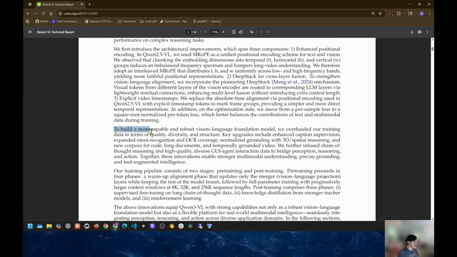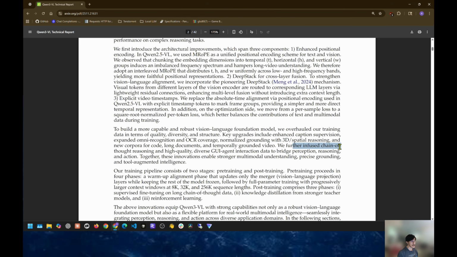To build a more capable and robust vision language foundation model, we overhauled our training data in terms of quality, diversity, and structure. Key upgrades include enhanced caption supervision, expanded omni recognition and OCR coverage, normalized grounding with 3D and spatial reasoning, and new corpora for code, long documents, and temporal grounded video.